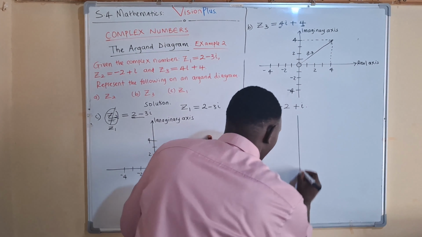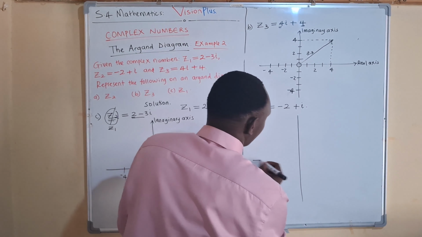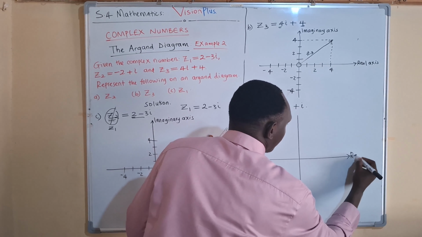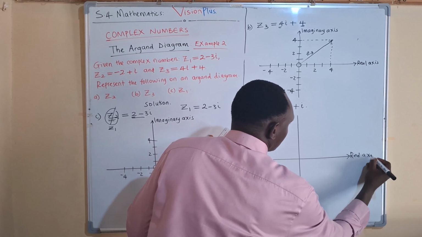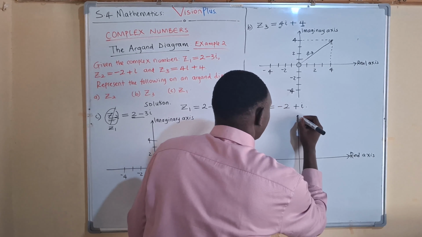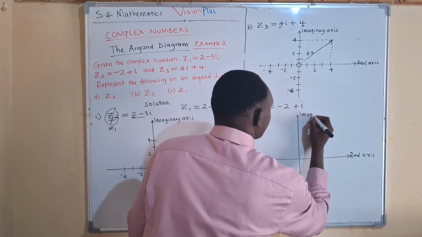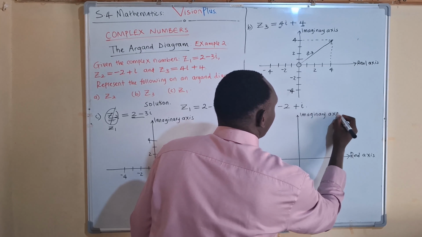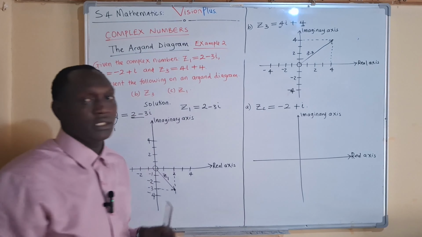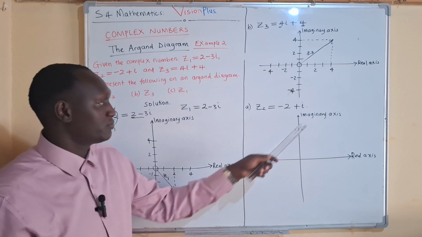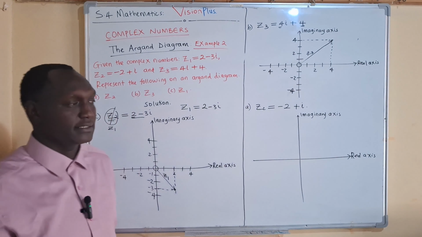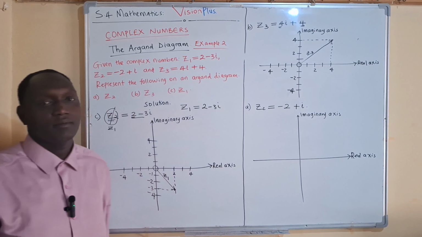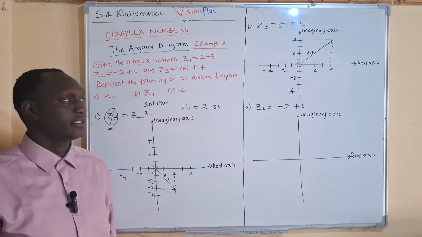So we start by drawing our axis, that is the vertical axis, which is the imaginary axis. This is the horizontal axis, which is the real axis. But some of you students are very funny. You find that someone decides to put up here the real axis and puts down here on the horizontal axis, the imaginary axis.